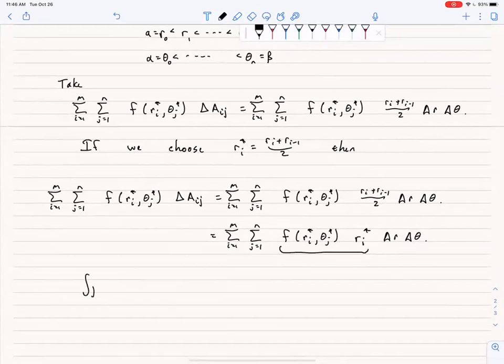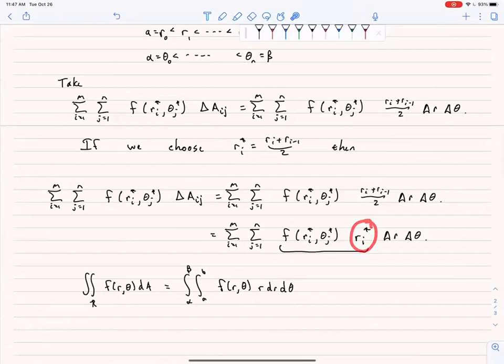So what that tells us is that this double integral, if we take limits of f of r theta dA, is equal to the ordinary iterated integral by Fubini, from a to b, alpha to beta, of f of r theta r dr d theta. We pick up this factor right here.